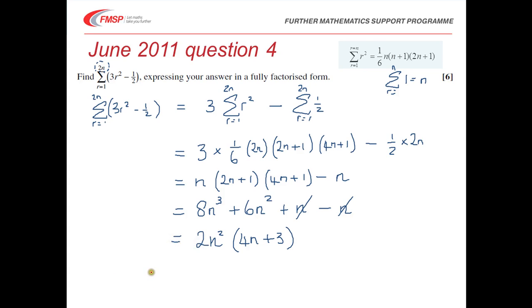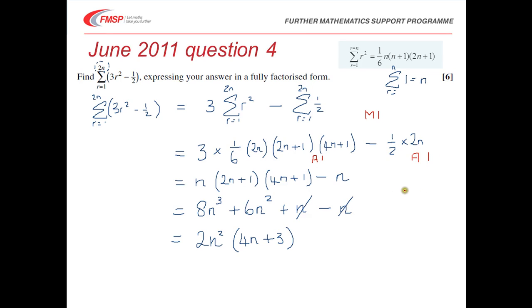So if we have a little look at how those marks are awarded, you are getting 1 mark, a method mark, for expressing it as the difference of two series. You're getting an accuracy mark for each of these, so for writing each of these down correctly.